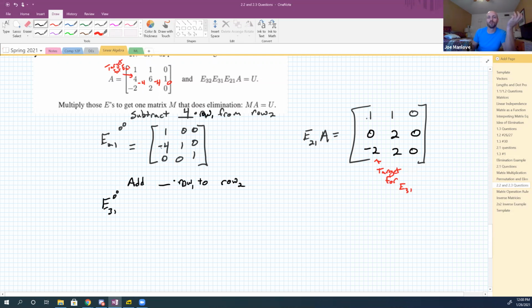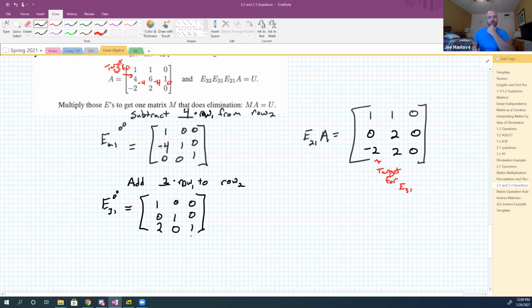In other words, what do I multiply 1 by to get 2? This is hopefully not something we should be overthinking. So I need to add 2 times row 1 to row 3. The way I do that one is I start with my identity matrix, and then I look in row 3, column 1 for a new entry. So right here. I want it to be add 2, so that should be plus 2 there.